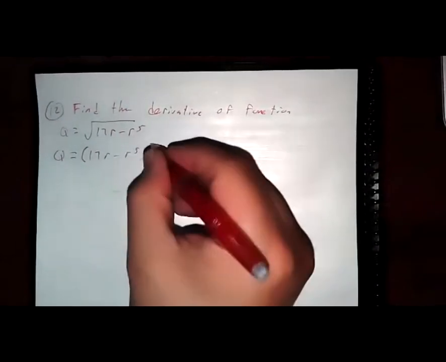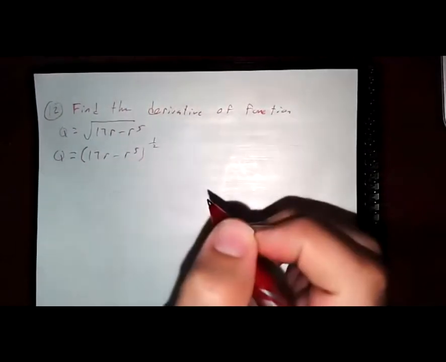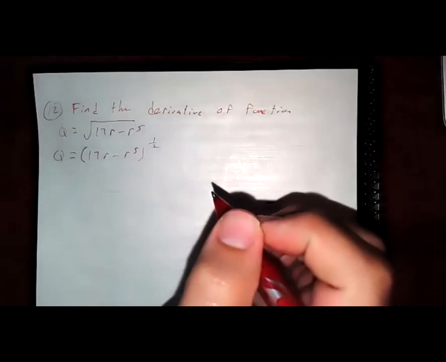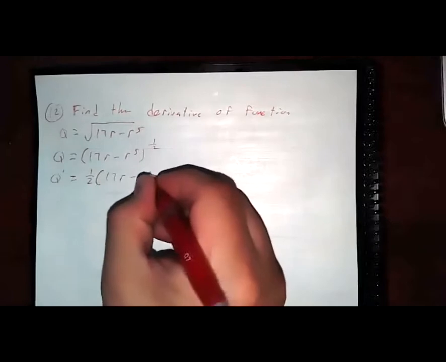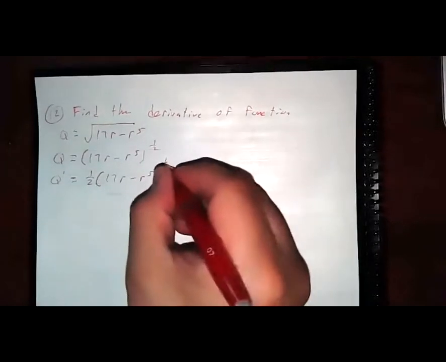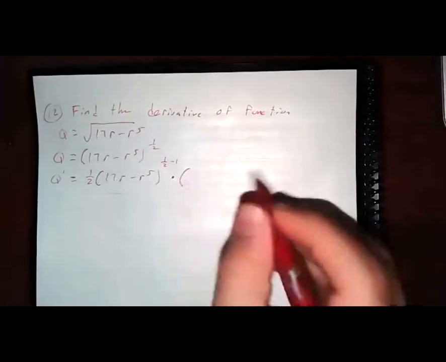That's the same as saying 17r minus r to the fifth, to the 1/2, right? Do it that way because this is my outer function and my inner one is this r stuff. So do the power rule. You bring down the 1/2, leave everything the same, subtract 1, and then multiply by the derivative of the inside.